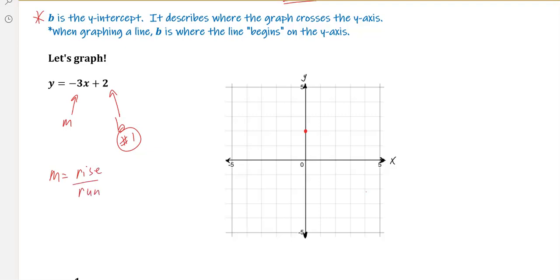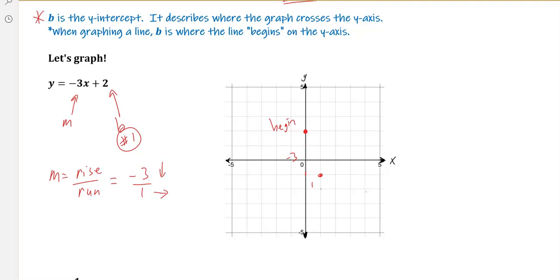But remember, slope is rise over run. It's a fraction. And if that's negative 3, remember we have to turn that into a fraction by putting a 1 under it. So it's negative 3 over 1. So what does that mean? Well, it means it goes down 3 and to the right 1. So from this point right here, on our y-intercept, it begins here, and then it goes down 3. 1, 2, 3, to the right 1.